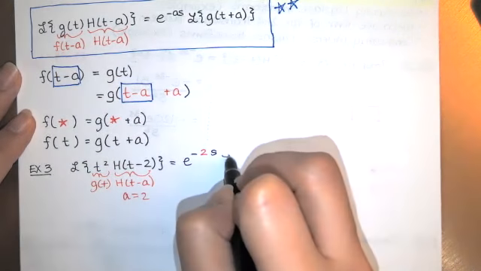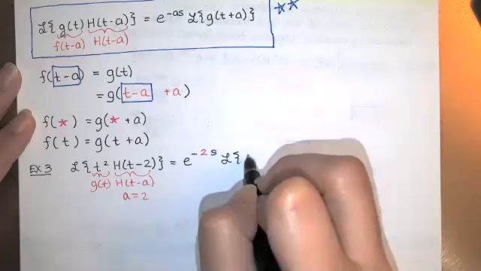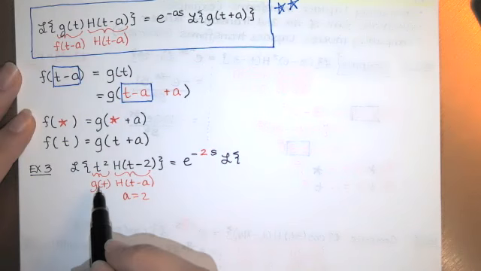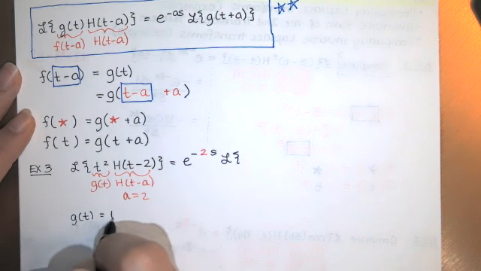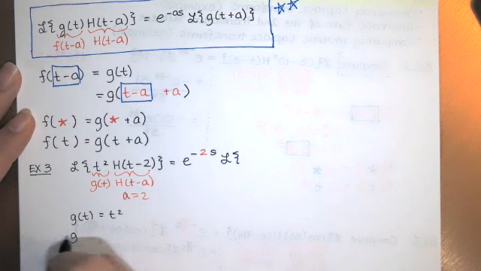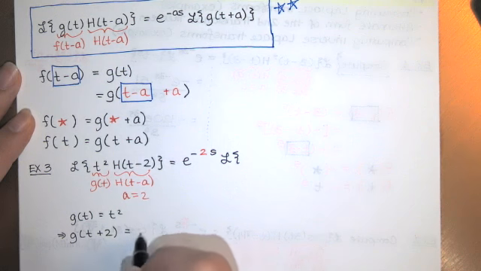And then we'll multiply by the Laplace transform of g of t plus a. So we're taking g of t, which is t squared, and then we're replacing t with t plus 2. So that's going to be t plus 2 squared.